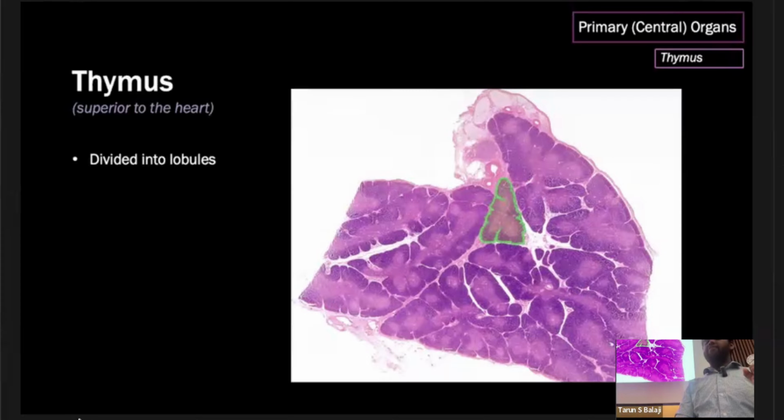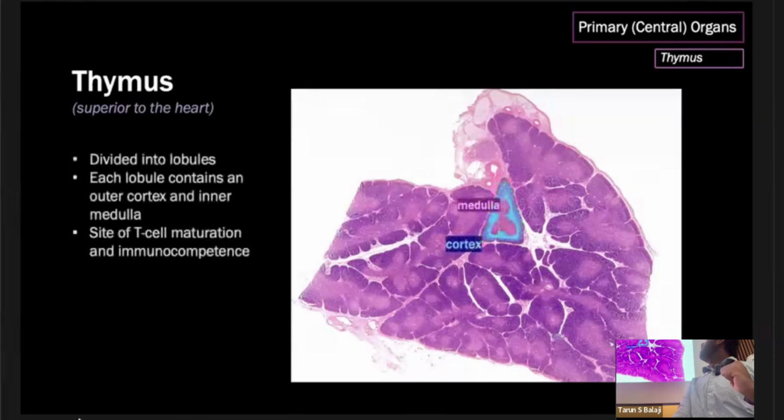And these lobules have a distinct color pattern. They've got two main regions. They've got an outer cortex that's typically darker and an inner medulla. Now, as you remember, the thymus is the place of maturation for T cells, T lymphocytes.